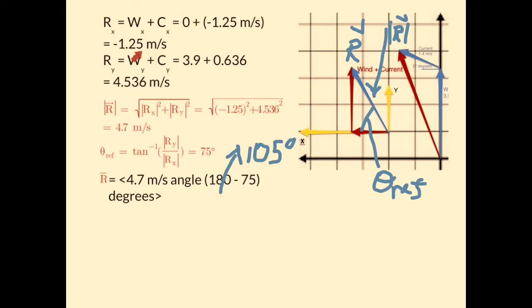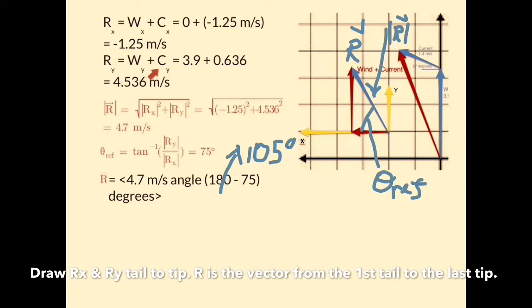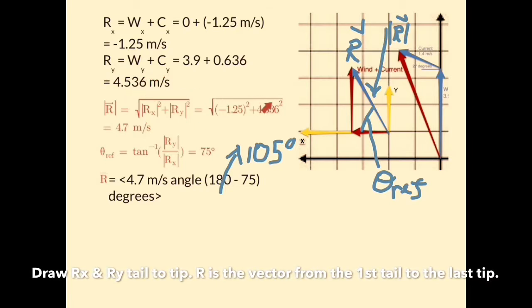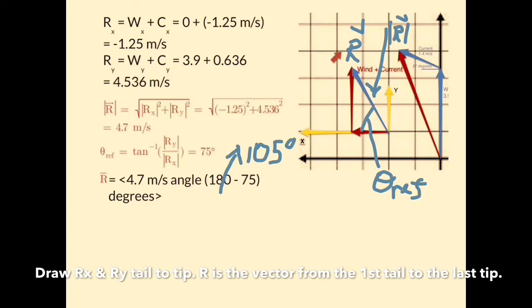Now that we have calculated the resultant sum, that is r sub x, minus 1.25 meters per second, depicted here, and r sub y, the sum of the y component of the wind vector and the current vector, which is plus 4.536 meters per second, depicted here, we can construct the vector sum r, which is the sum of the wind vector and the current vector.